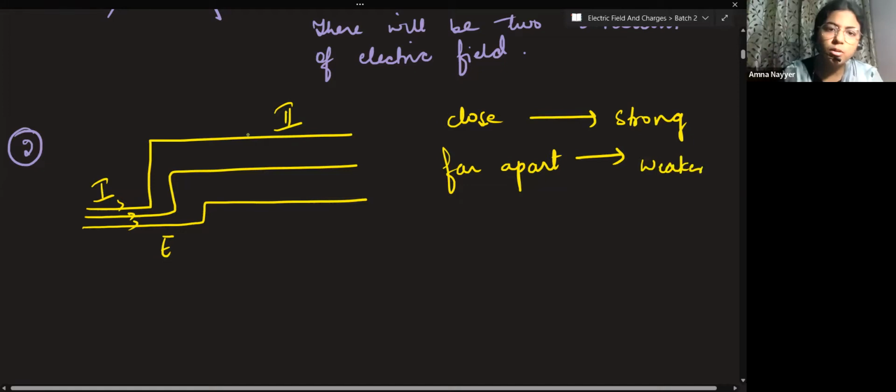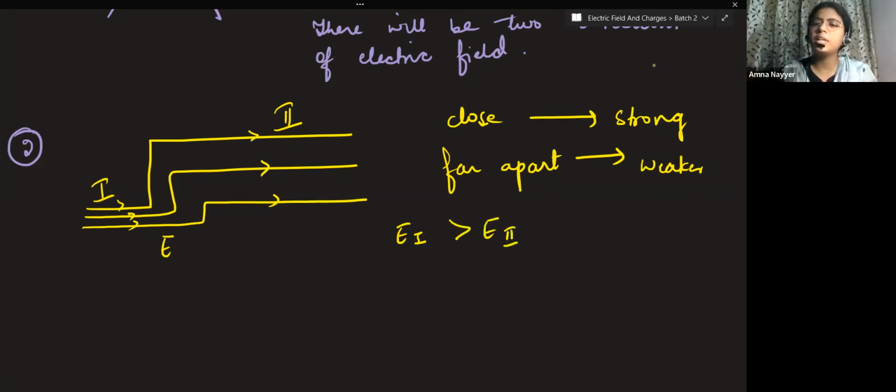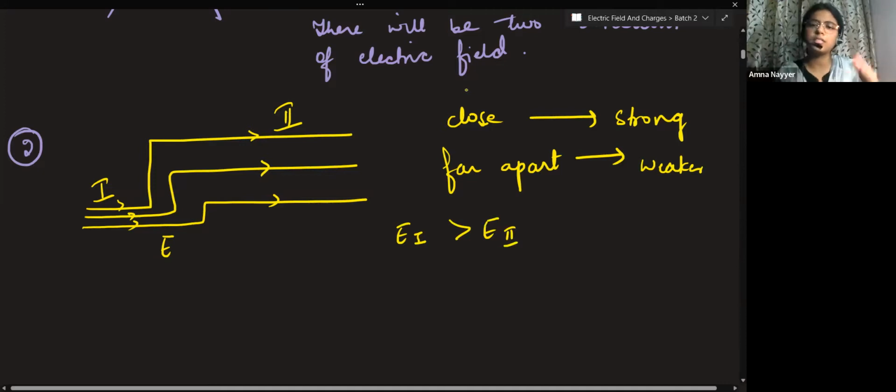So from this figure only, if these are the electric field lines, you can easily see electric field in region 1 is stronger than electric field in region 2. Simple, easy. You can just figure out using the direction or the separation of the lines.